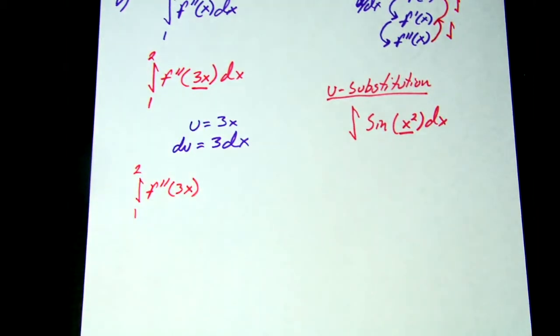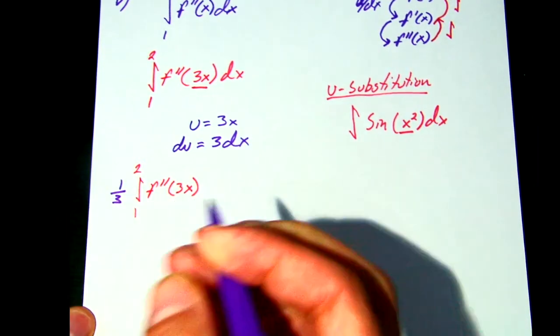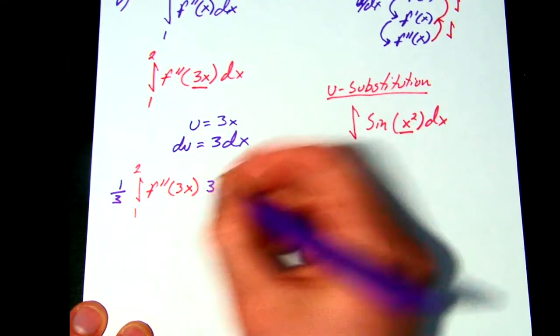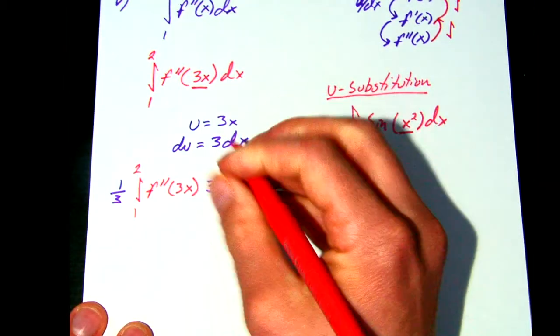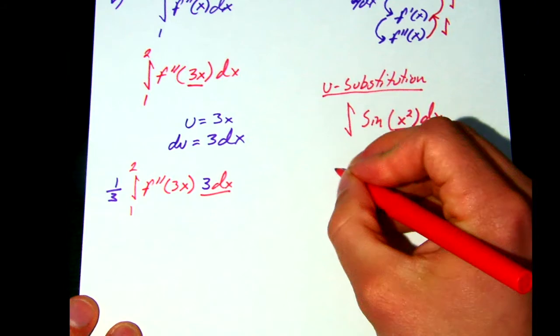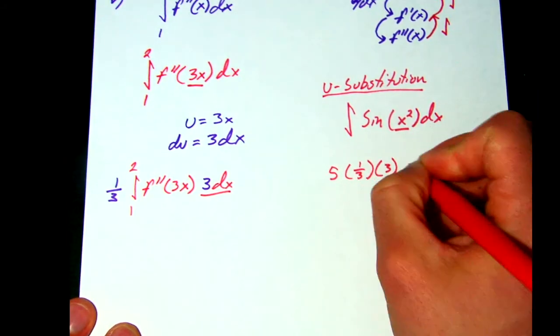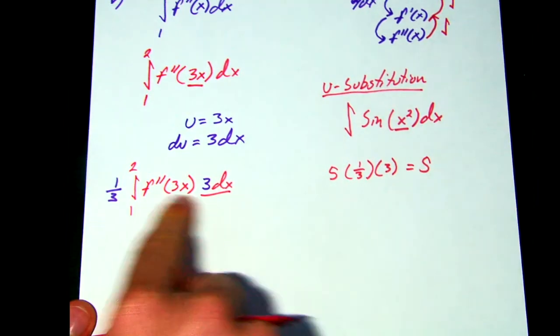What I'm going to do is I'm going to multiply the outside by 1/3, and I'm going to multiply the inside by 3 dx. Okay? Like if I have 5 and I multiply by 1/3, and then I multiply by 3, that's still 5. That's how I can do that.